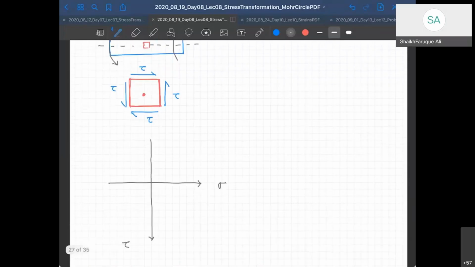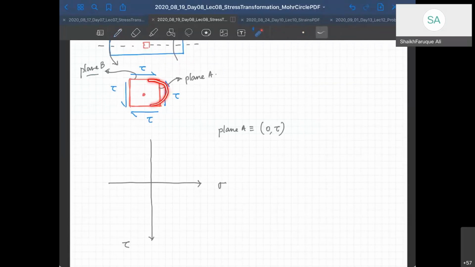This is my plane A and this is my plane B. Coordinates of plane A are 0, tau, positive because it's giving an anti-clockwise moment.